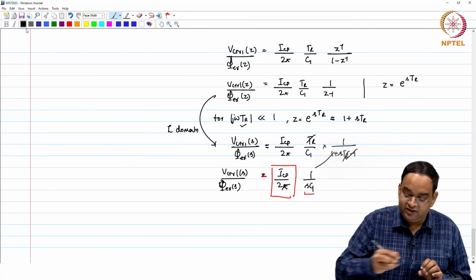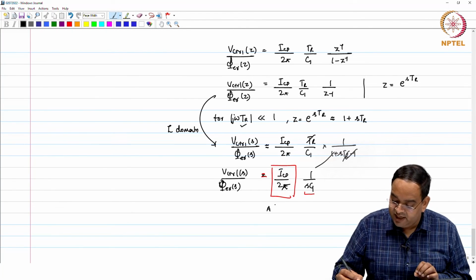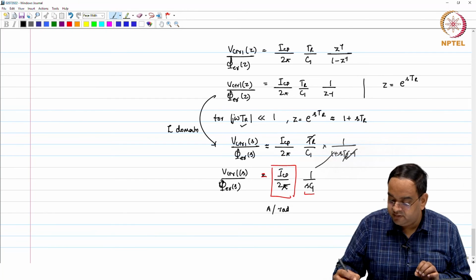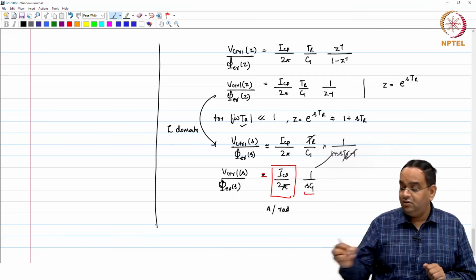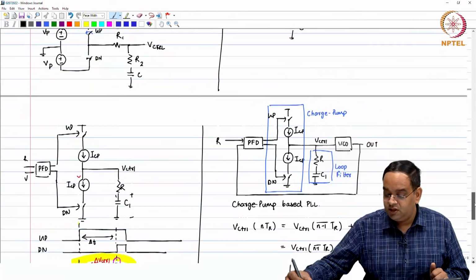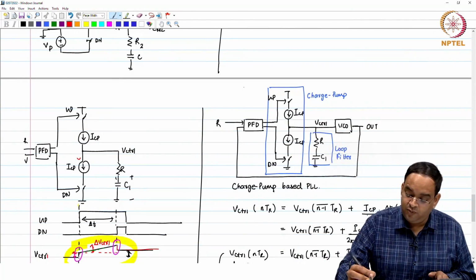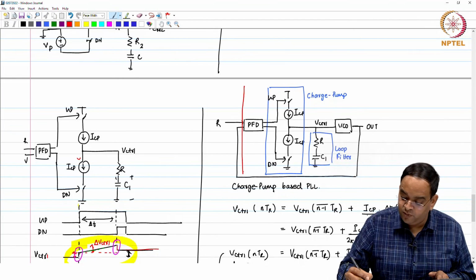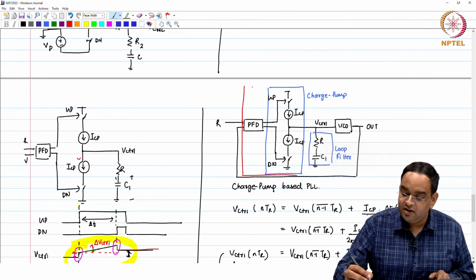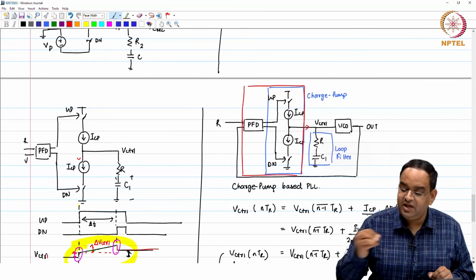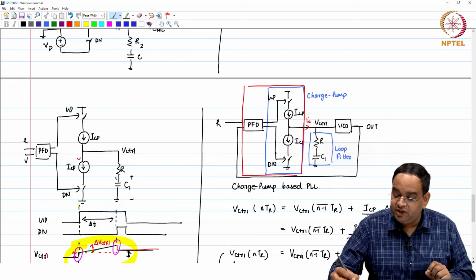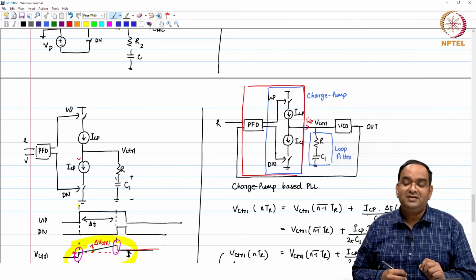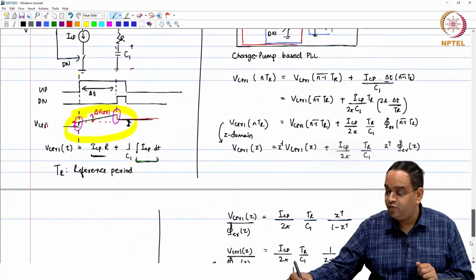You will see the units of ICP by 2 pi are ampere per radian. So, this whole block, I will mention it again, PFD plus charge pump, can be treated as one single block with gain ICP by 2 pi.